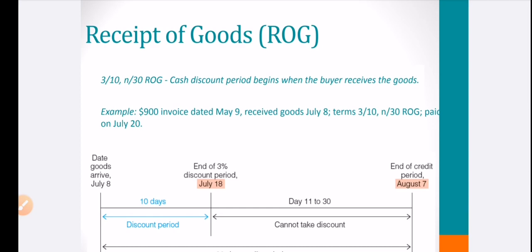Again, the same thing. Let's take this example: a 900 US dollar invoice dated May 9. The invoice started on May 9, but we received the goods on July 8th, so my 30 days period starts from July 8th and not from May 9.